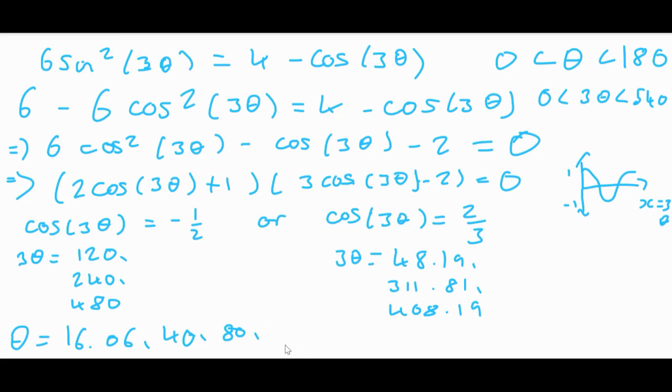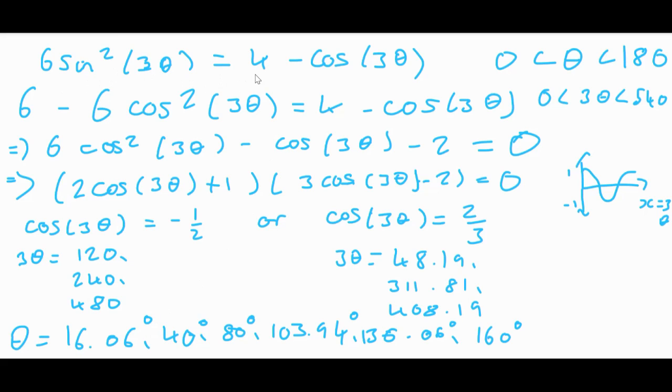And dividing this one, we get 103.94. Then we get 136.06, and then 160. Of course, the reason we specify a range is because there are infinitely many solutions to this equation.